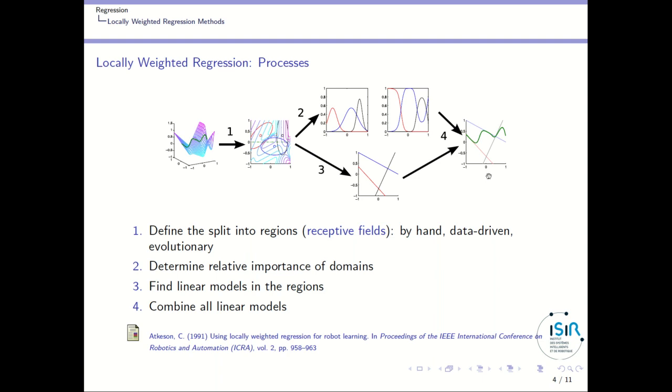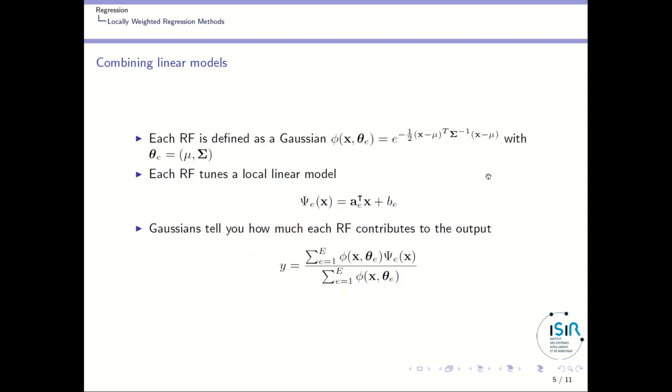Now let's see better how we can do this with some formula in mathematics. As I said, each receptive field or domain is defined as a Gaussian function. These functions are represented with the center of the Gaussian and some covariance matrix sigma, and you can see the formula corresponding to the Gaussian with these parameters.